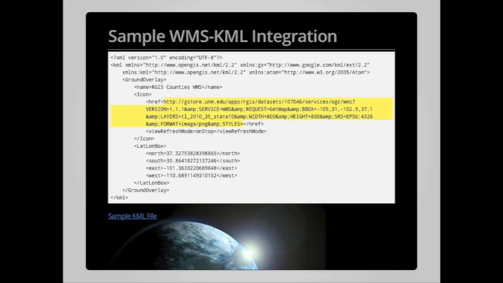Again, thinking about the characters that XML tries to use to identify the structure of a document. In this case, all of the ampersands that you would use in a standard URL have been replaced by this string, ampersand AMP semicolon, that is a representation of the ampersand character that can be used to, and is replaced with that ampersand character when that URL is used to request the data.